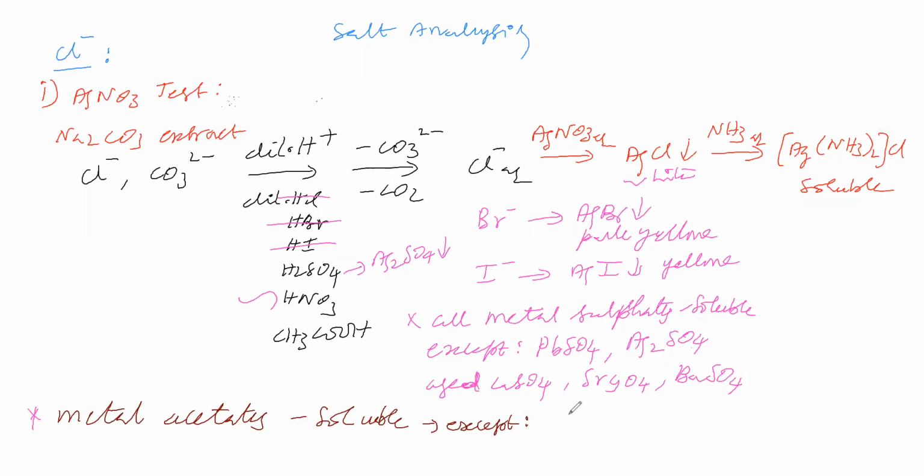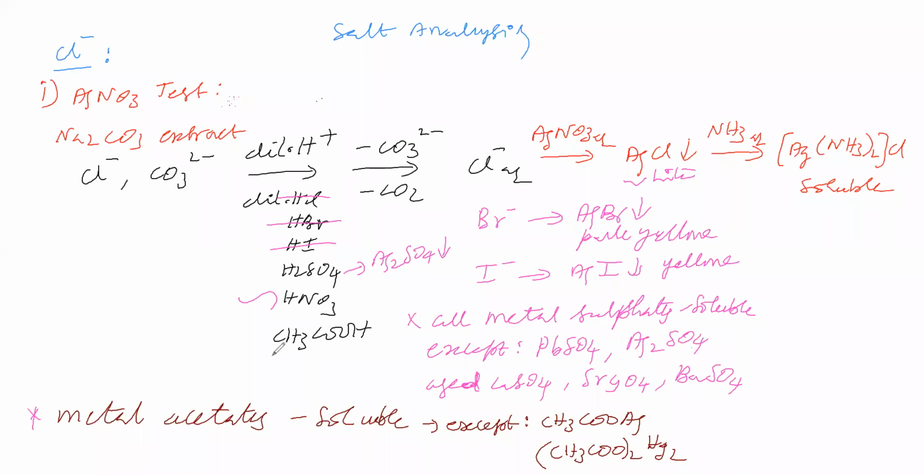The exception is silver acetate and mercurous acetate. These two are exceptions. All the metal acetates are soluble in water except silver acetate and mercurous acetate. Silver acetate and mercurous acetate are insoluble in water.